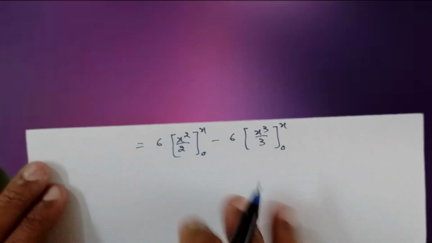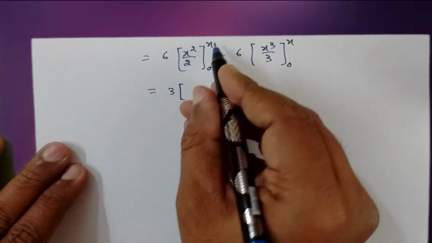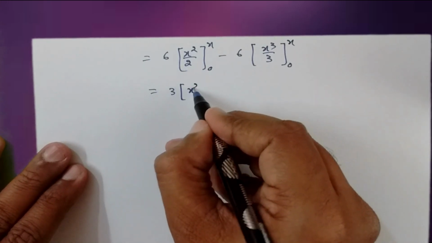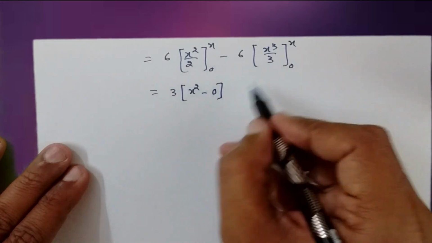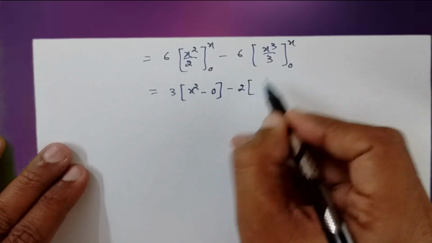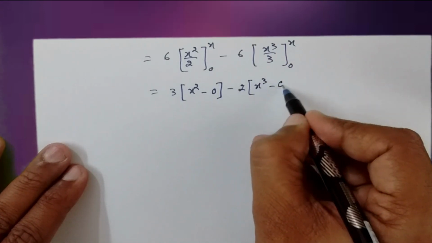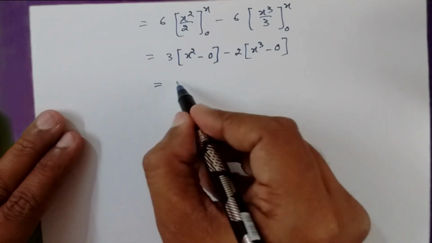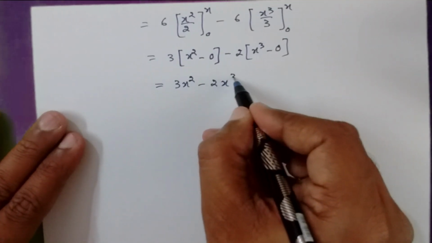You can just cancel out these values. 6 by 2 will be 3, upper limit value for x will be x itself, so x square minus lower limit value 0. Cancel 6 by 3 will be 2, upper limit value x cube, lower limit value 0. So if you multiply, you will be getting 3x square minus 2x cube.